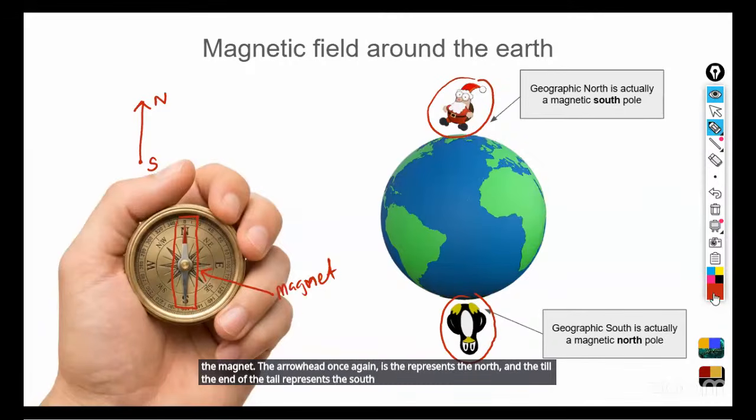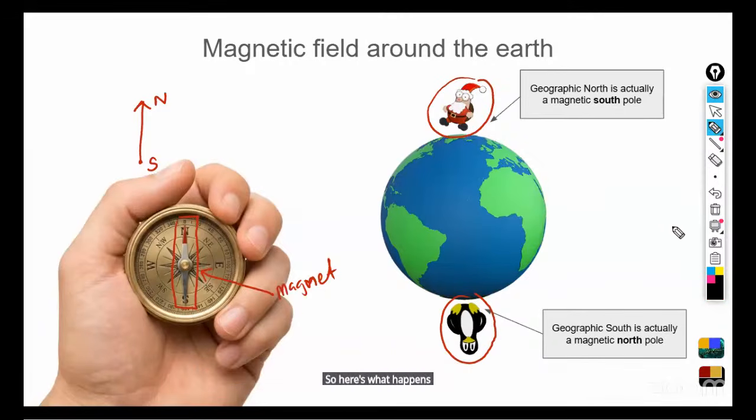So here's what happens. When you take this magnet, it's supposed to point in this direction, and everyone agrees with that. The arrow will point this way. But something doesn't make sense here. The top of the arrowhead is north, and the tail is south.